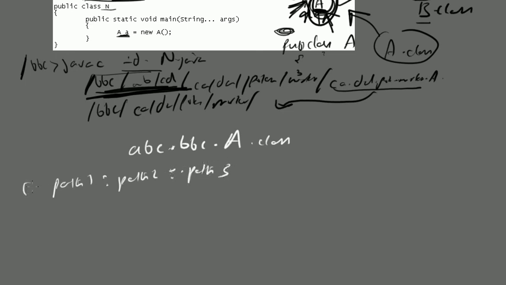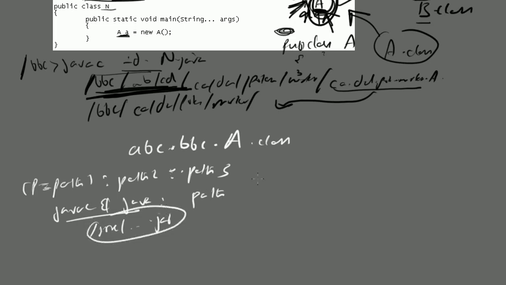The way javac and java search for a dot class is, they both look in JRE within the jar file first, and if they don't find it there, they go to the class path, and it says path 1 slash abc slash bbc slash abc.bbc.a.class.